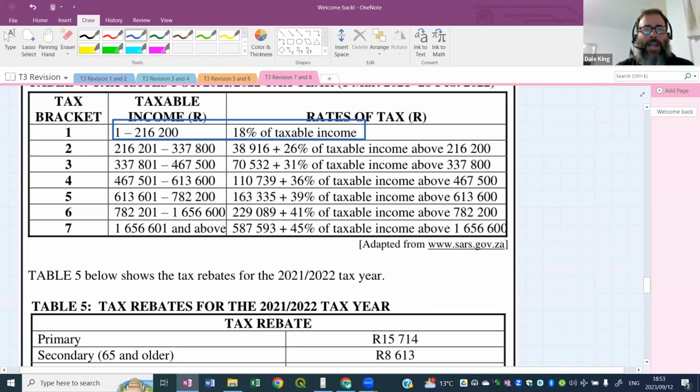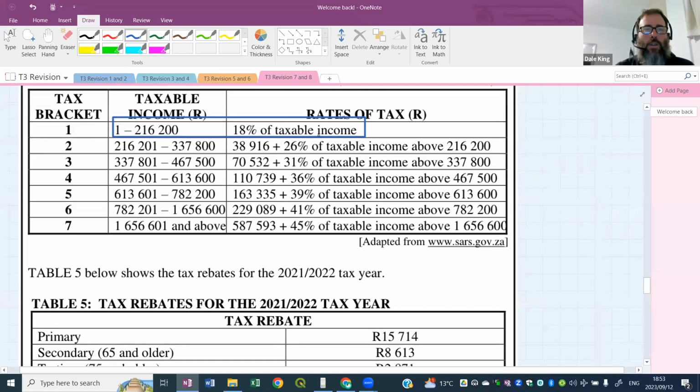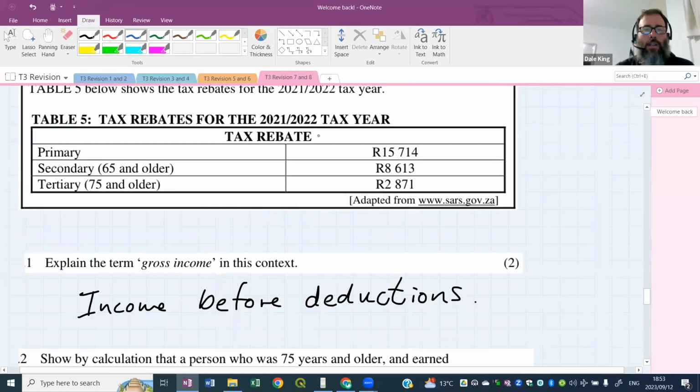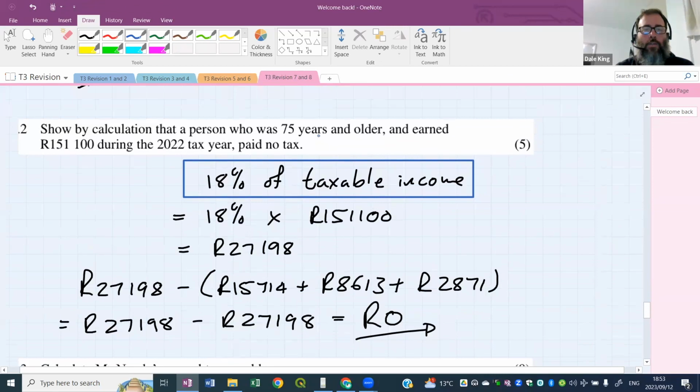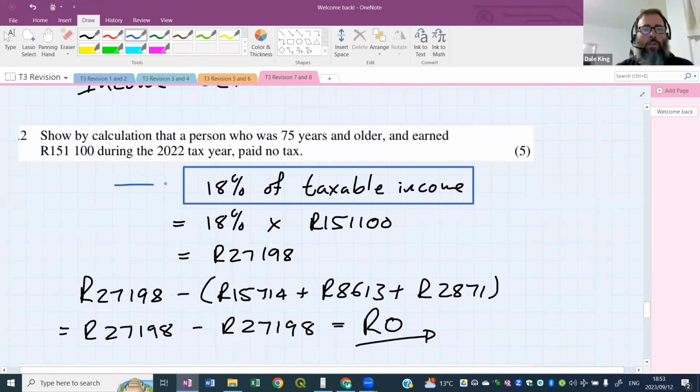That's why we use that line, because this person is below 216,000 Rand. They're only earning 151,000. So that's why we're using this bracket line: 18% of the taxable income. This is the taxable income, 151,100.